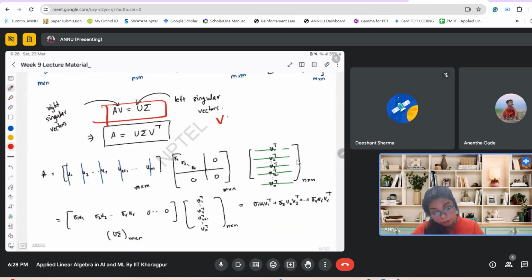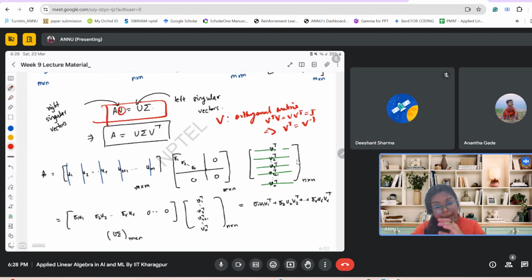V is actually an orthogonal matrix, so V transpose V equals V V transpose equals I. This means V transpose equals V inverse. If you multiply by V inverse here, that will give you V transpose. That's why this expression comes.